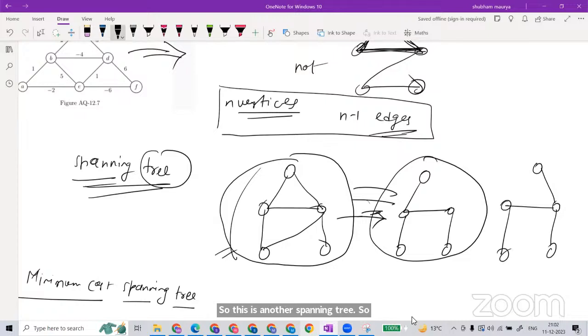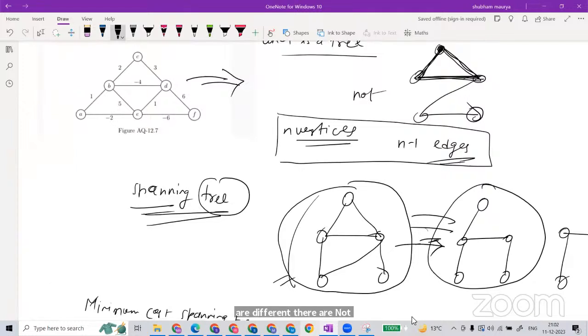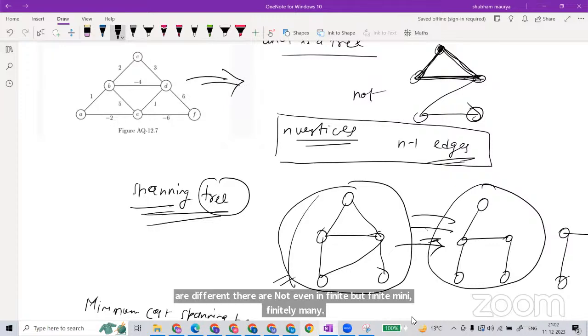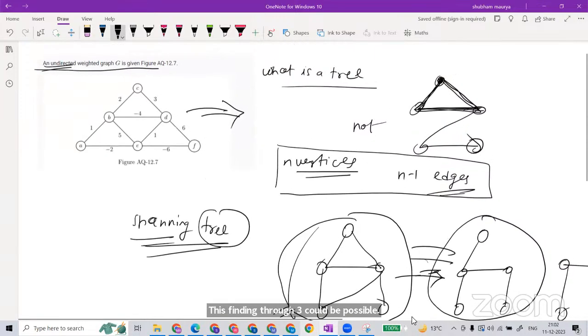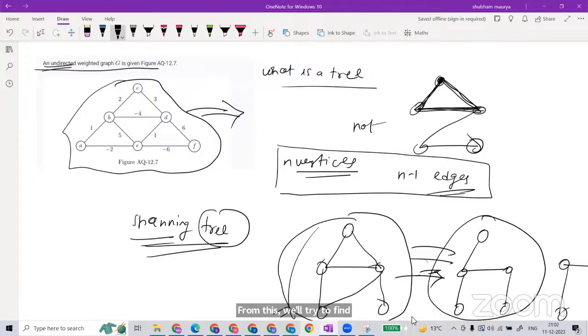So for a graph, finitely many spanning trees could be possible. But we'll try to find that spanning tree which has the minimum weight. From this weighted graph, we'll try to find the minimum spanning tree which has the minimum weight.